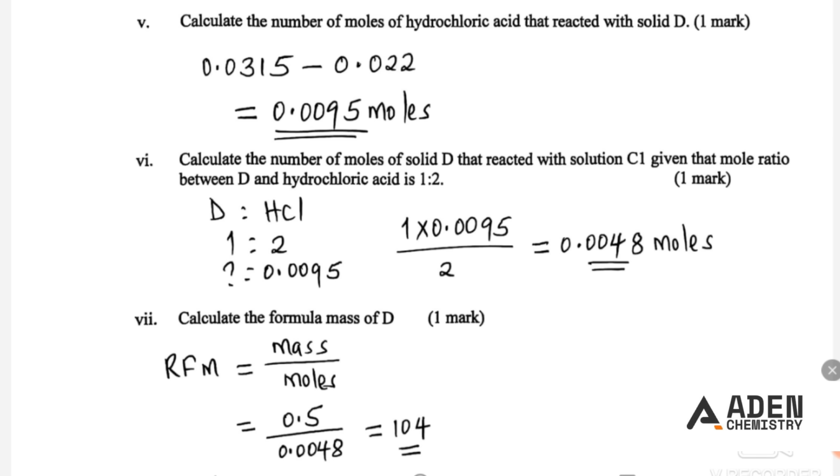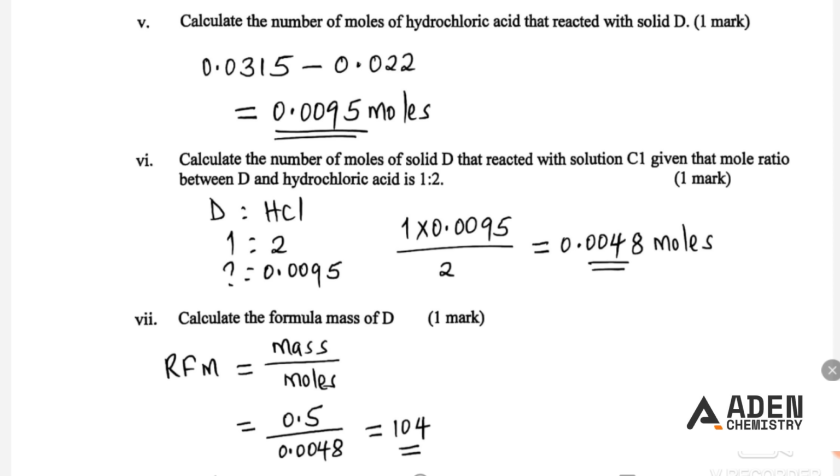What we are going to get there will be 0.0315 moles. So next, Roman 5, we are told to calculate the number of moles of hydrochloric acid that reacted with solid D. So this solid D was the one that reacted with the 30 centimeter cube of the hydrochloric acid, that is the C1. So first of all, we have gotten the original moles. It was 0.0315 minus the excess moles.